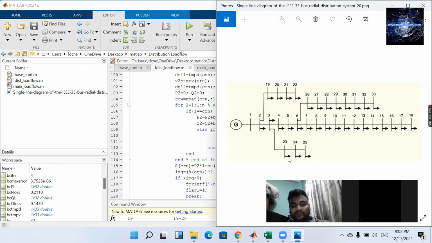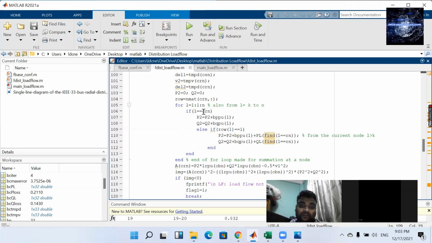But for feeding the load of 23rd, there won't be any losses. If L is the current branch, then we don't have to consider the losses. But if it is not the current branch, one thing we have to keep in mind is that we sum the power and losses only for elements whose value is 1. For those buses only, we add the power as well as the corresponding losses of the branch.